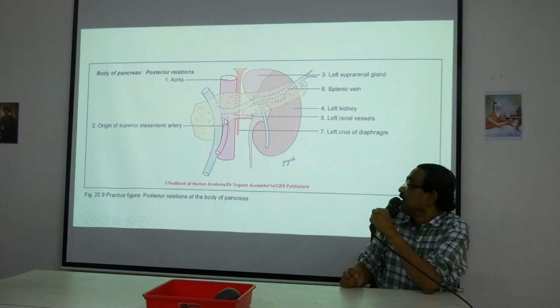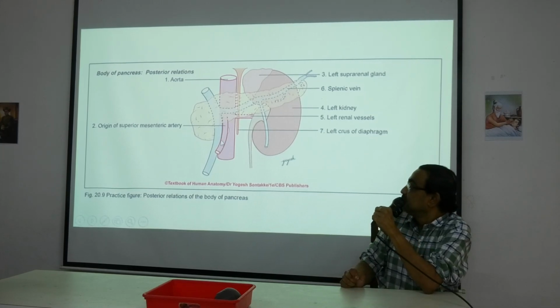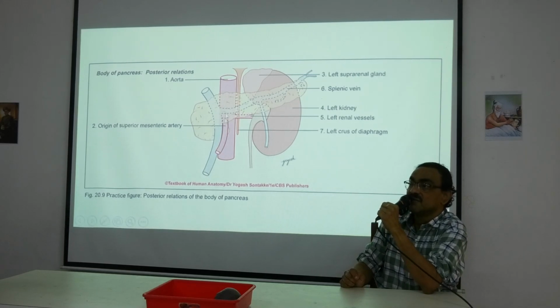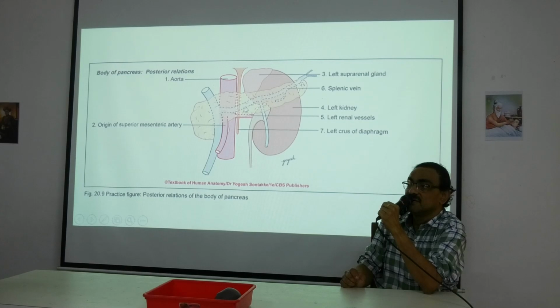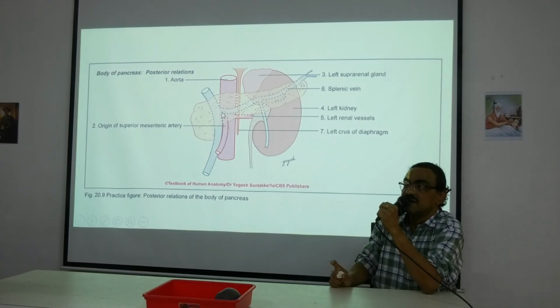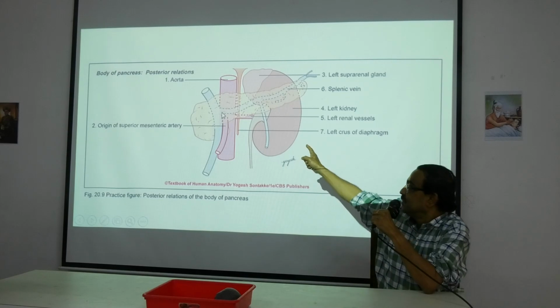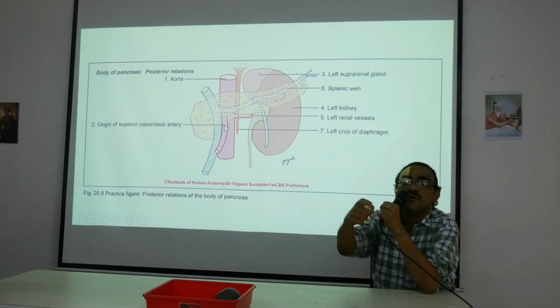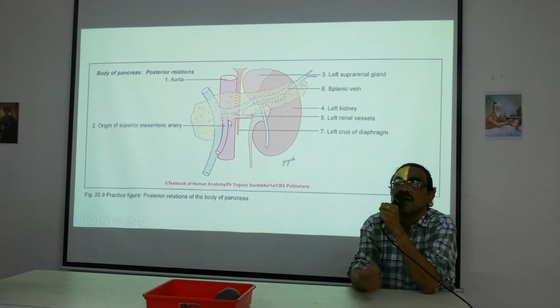So, here just behind the neck, we can expect the superior mesenteric artery also. Actually, at the junction between the neck and the body, we can find the superior mesenteric artery, and it will hold.